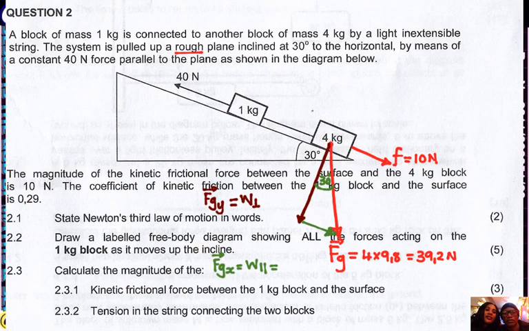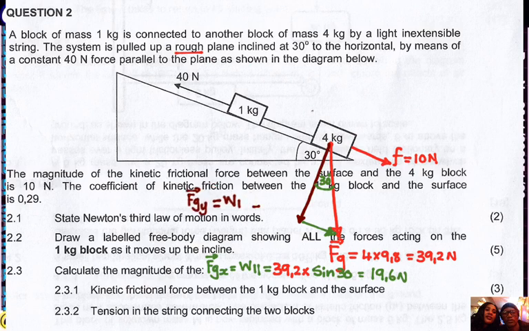So the green one becomes 39.2, the force of gravity, and then we're going to multiply it, because it's opposite, by the sine. It's always sine of 30 degrees. So we can actually times it by sine of 30. It's got to be half of that amount, which gives us 19.6 Newton.